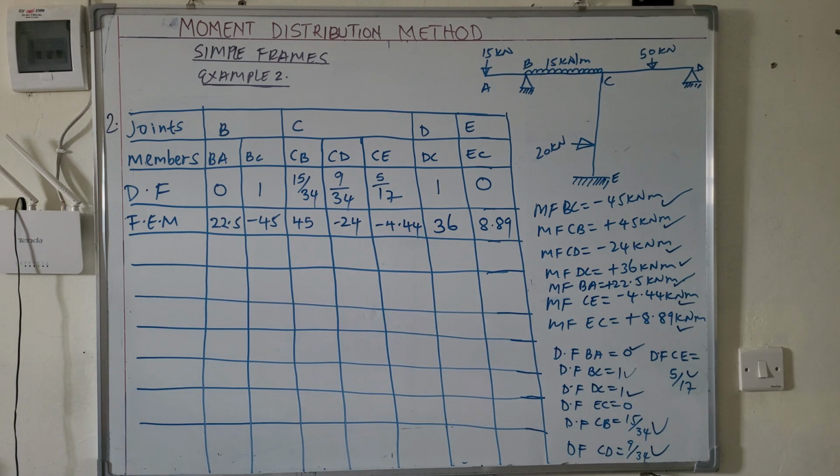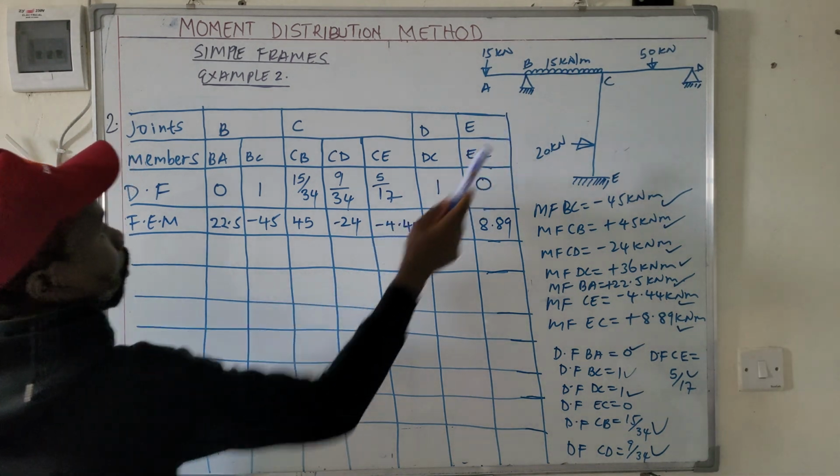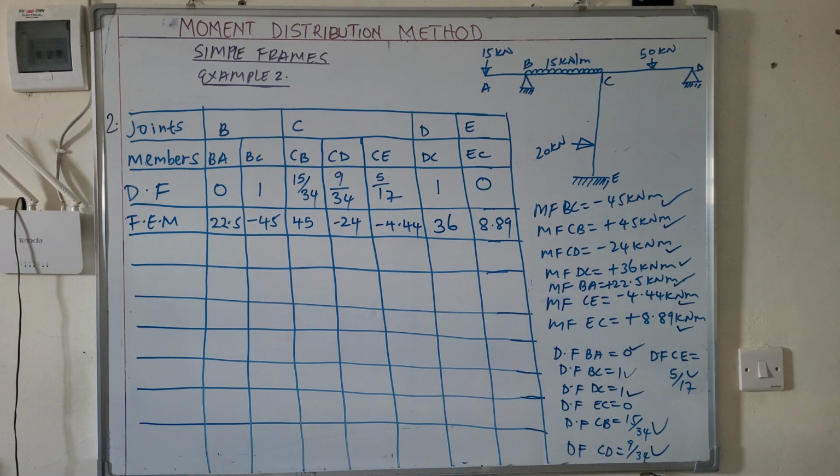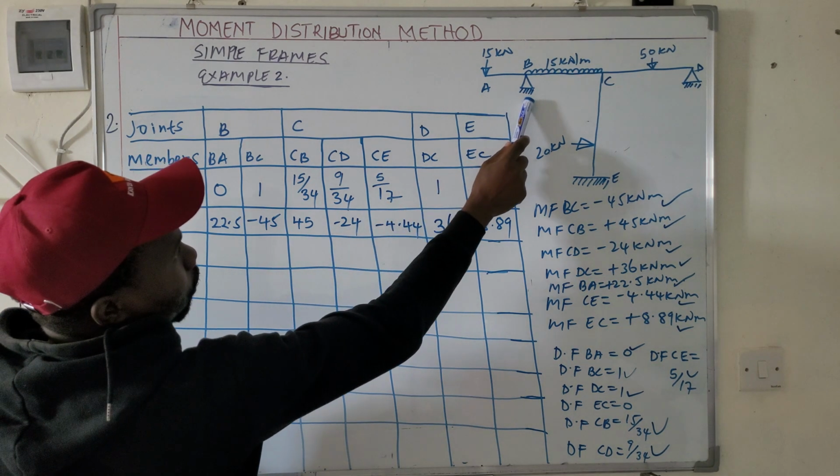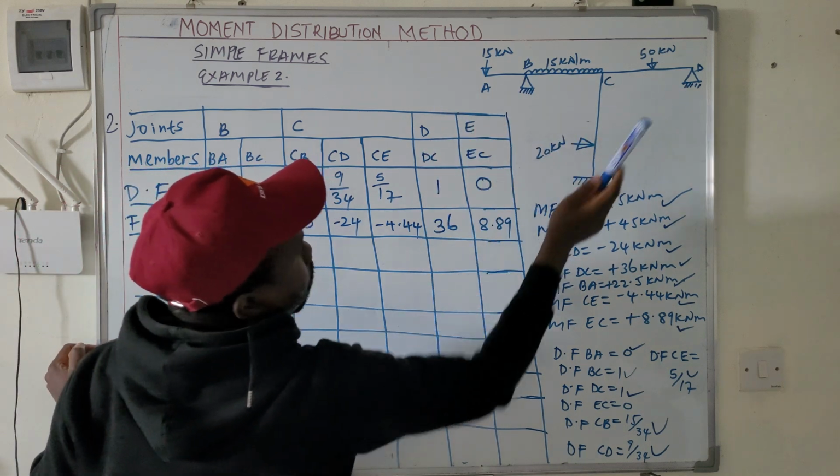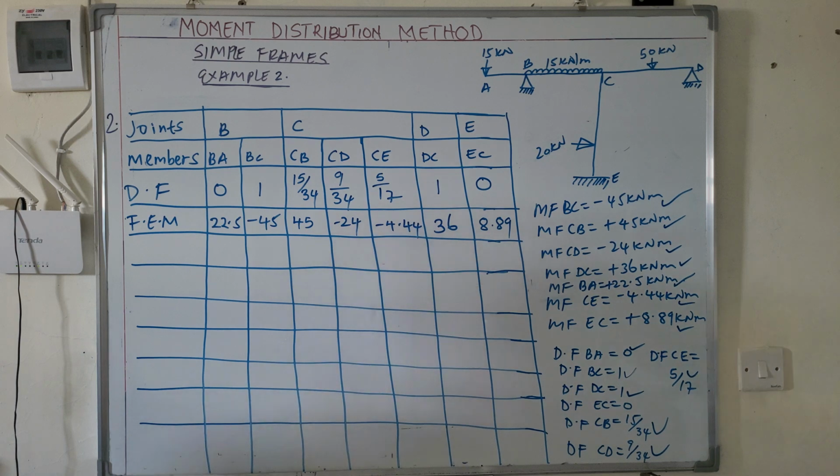And if you can observe our frame, you notice that we have pin support B, again pin support D, and fixed support E. For support D, you know that for a simply supported, pinned, or hinged support, its moment is always equal to 0.